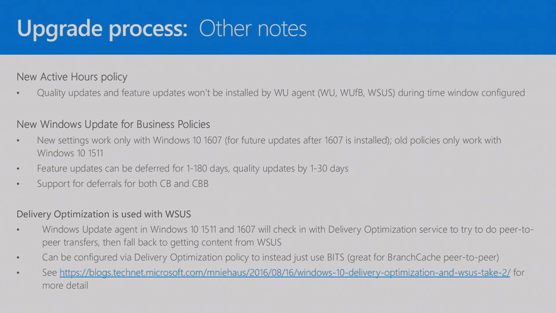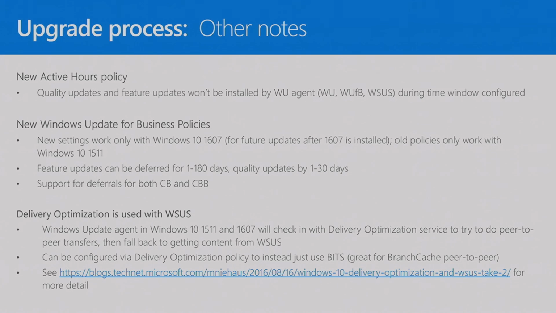You would have to use a separate workstation to configure the old policies. We've gotten after them for doing that. That's not a good practice as far as group policy settings go. Hopefully we'll get that one addressed in the future. But in the meantime, the new policies will show up, the old policy disappears. The new policies are only in effect for Windows 10 1607. The old policy only works on 1511.